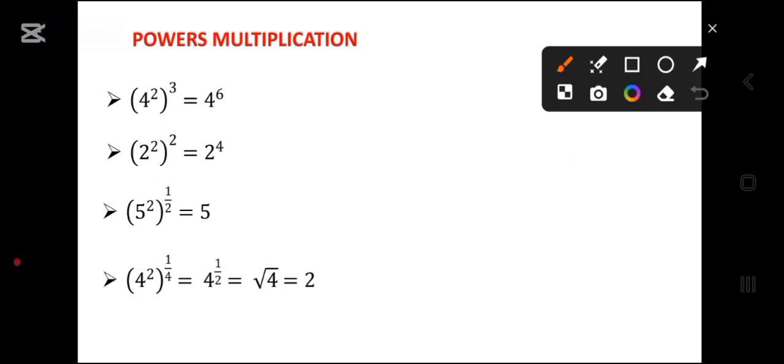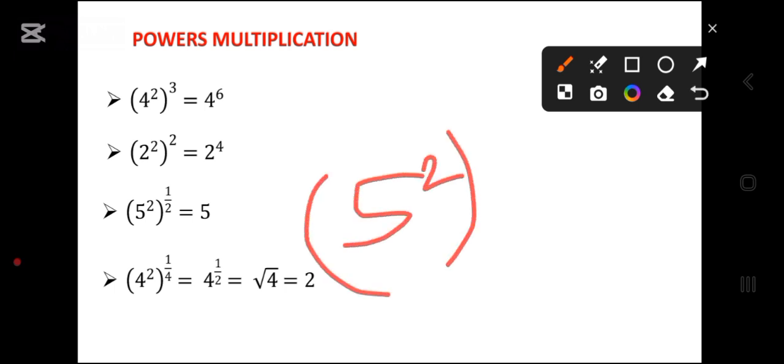Another example is 5 raised to power 2, which is again raised to 1 over 2.